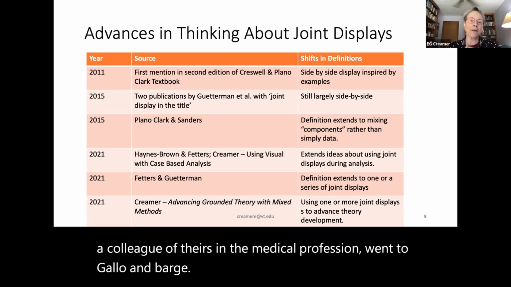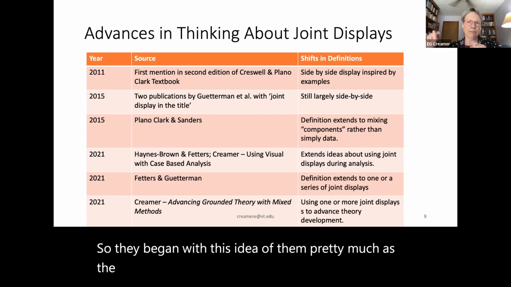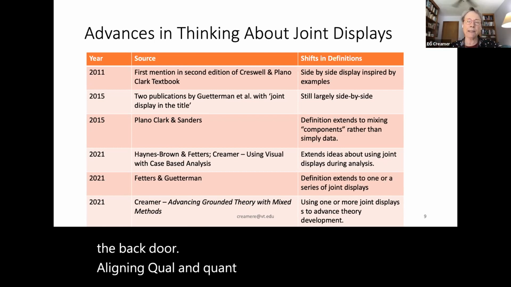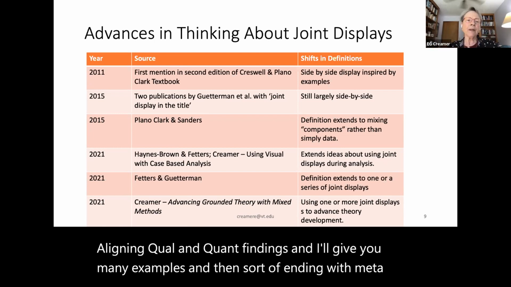They're collaborators, so perhaps they produced them interactively. They began with this idea of them pretty much as the back door, aligning qual and quant findings, and I'll give you many examples, and then sort of ending with meta inferences.